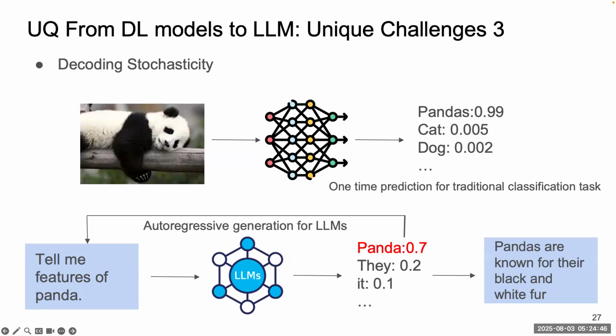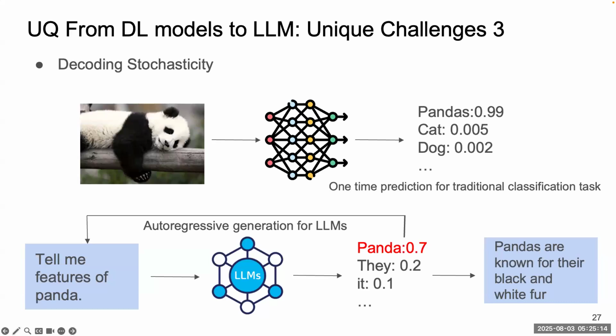But a language model is different. You can see the input here as an initial input, and your model gives you a token probability. Then this token is fed back into the model's input as well. So you can think of the uncertainty in the beginning as propagating from one token to another.